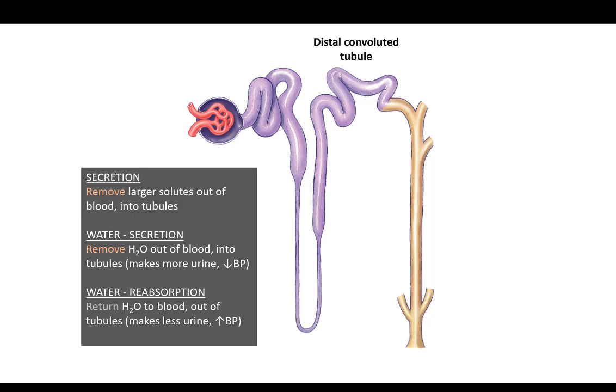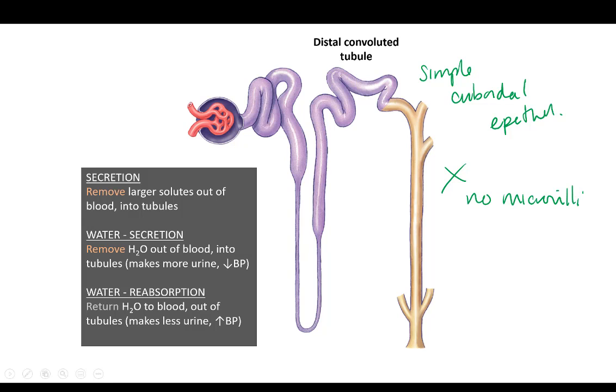Finally, the distal convoluted tubule, we again have simple cuboidal epithelial cells and no microvilli. Because as I said, there's less fluid by that time that we really don't need the increased surface area. Just the surface of the simple cuboidal cells themselves is sufficient to allow for reabsorption.